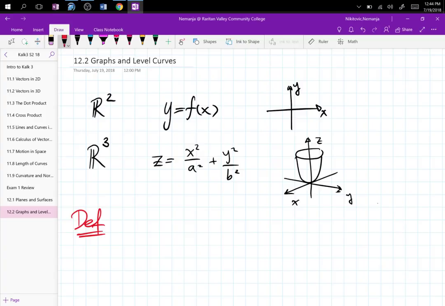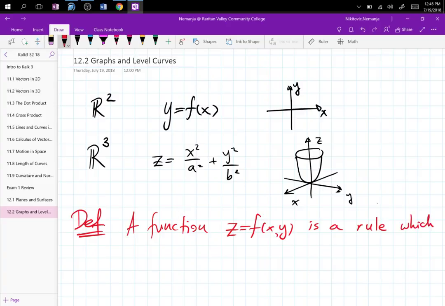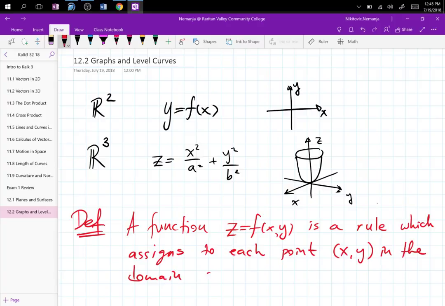So the definition: a function z equals f of x, y is a rule, and I'm changing a little bit what they have, which assigns to each point x, y in the domain a unique z in the range.